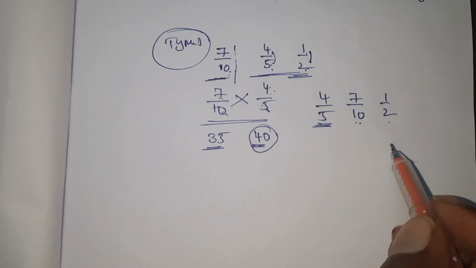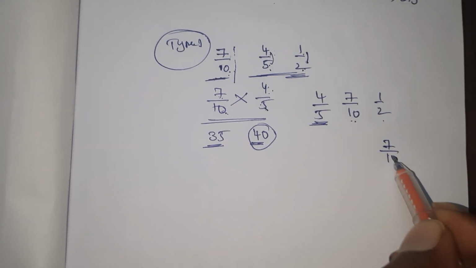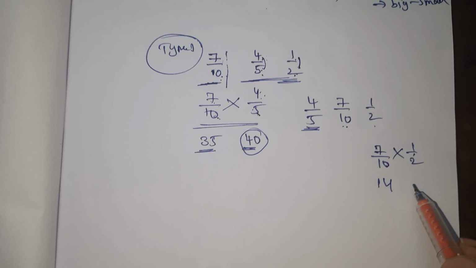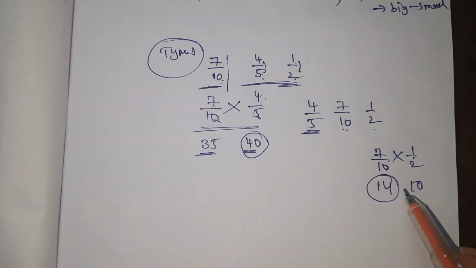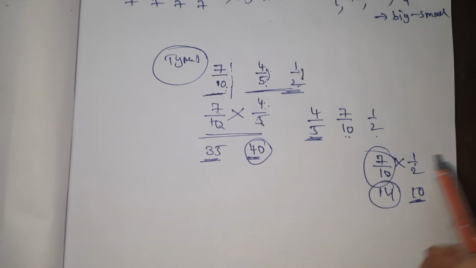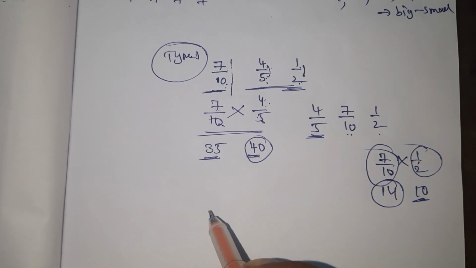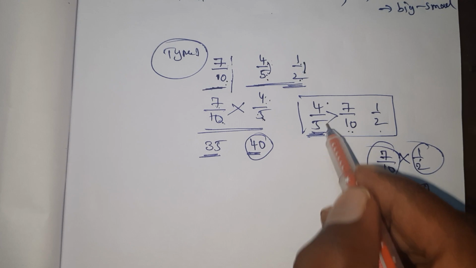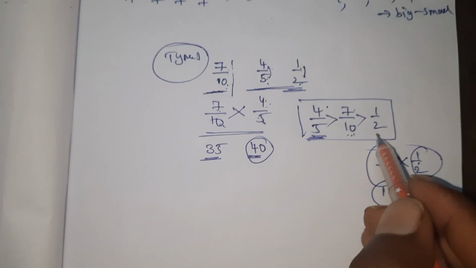If we don't know how we can decide that 7 by 10 is a higher fraction than 1 by 2, check it once again. So 7 by 10 and 1 by 2. Cross multiply. 7 twos are 14, 10 ones are 10. So 14 is higher than 10. So 7 by 10 is a higher fraction than 1 by 2. So this is descending order: 4 by 5 is greater than 7 by 10, greater than 1 by 2.